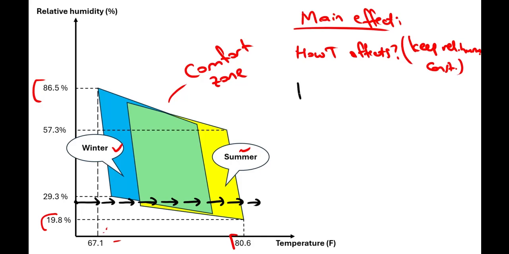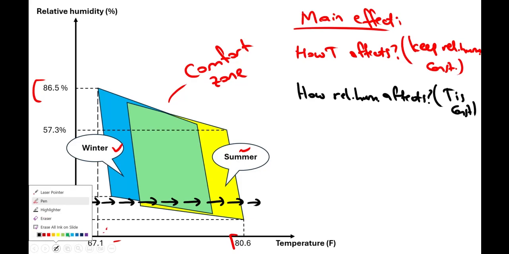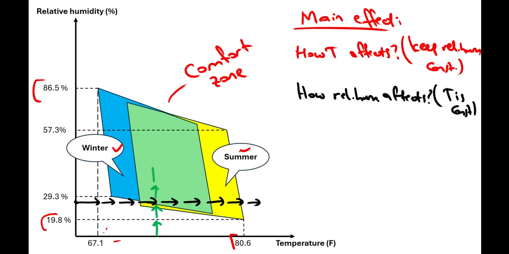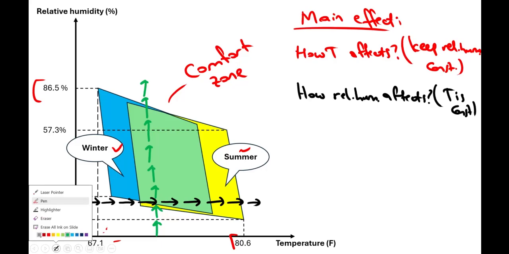The second main effect is how relative humidity affects the comfort zone, and in this case the temperature is constant. Like I go this way, up, temperature is constant, I'm in the comfort zone, and then we are out of the comfort zone. And then we have the interaction effect as well.